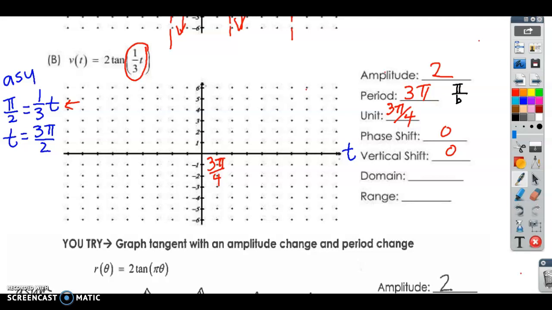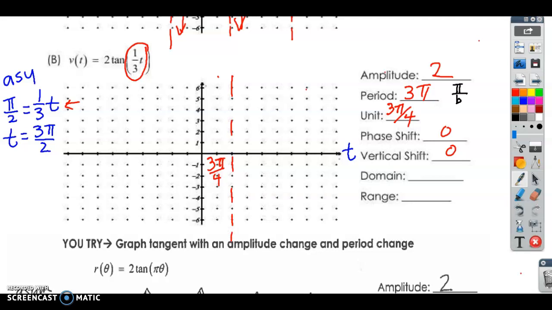So my first line is 3 pi over 4. And the next one, if I add another 3 pi over 4, so 3 pi over 4 plus 3 pi over 4, I get 6 pi over 4, which is 3 pi over 2. So here are my asymptotes, and I'm going to have one after every period.